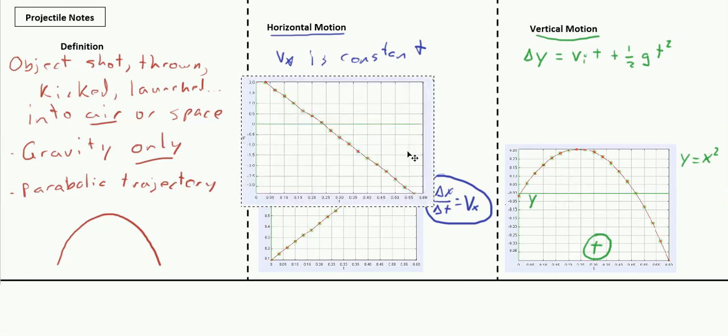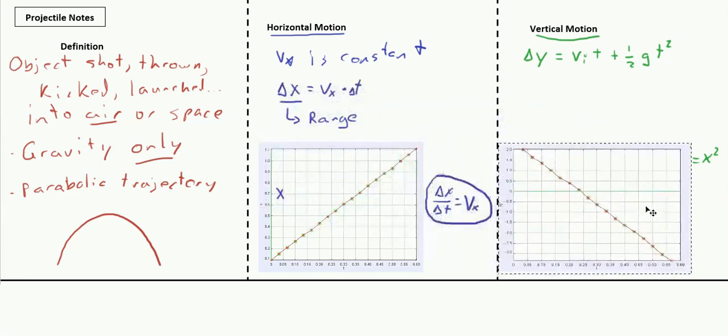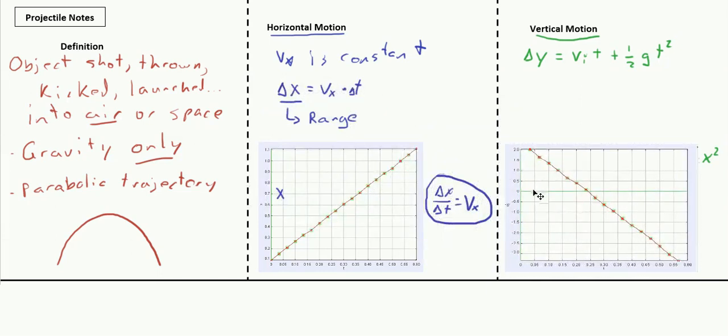Alright, now I have another graph here from that same projectile, and this is the vertical velocity versus time. When we talk about a velocity versus time graph, you have a change in velocity over change in time. That's the acceleration. In this case, the acceleration is the acceleration due to gravity.